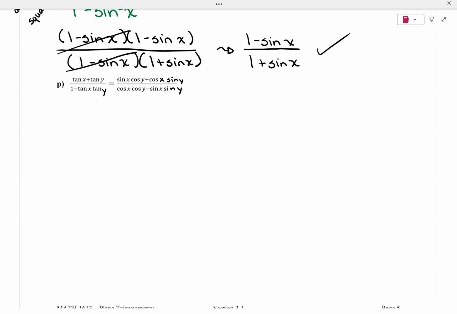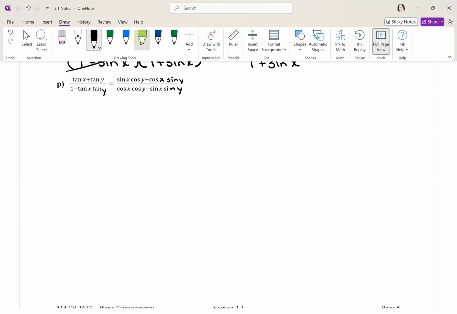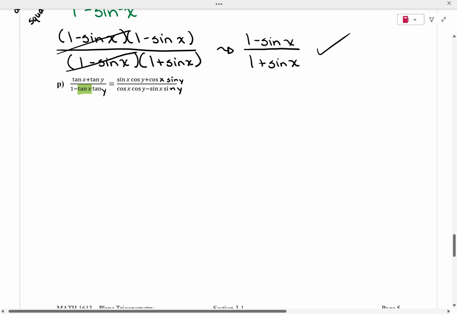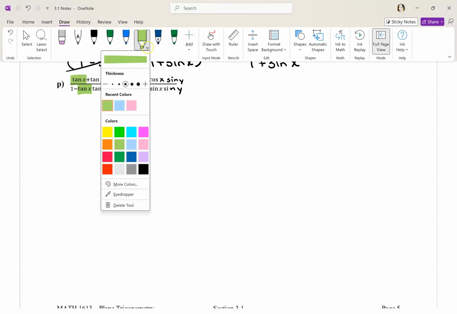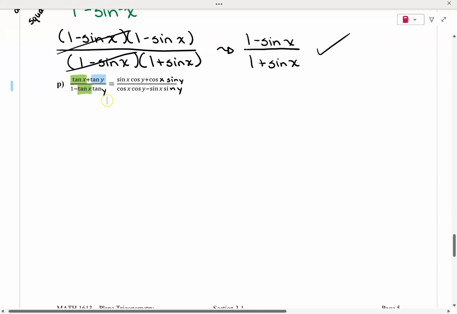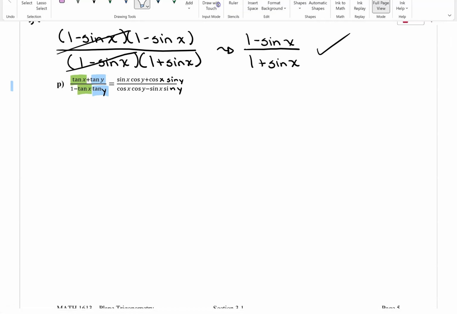So we know that tans can be written in terms of sine and cosine. So let's start with the left-hand side first. What I would like to do is change these tan of x's, and let's also change these tans of y's.